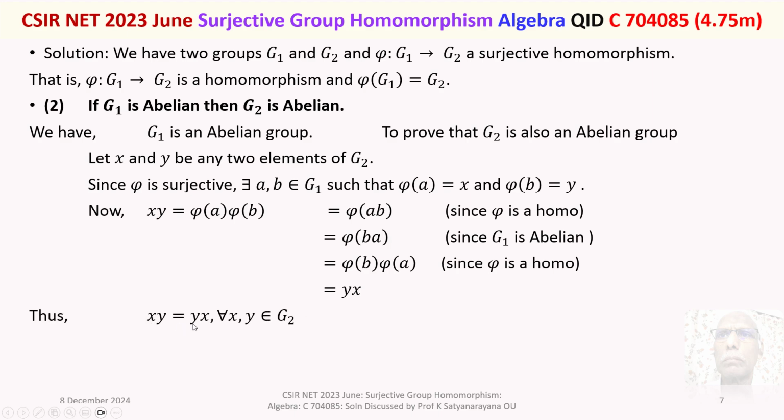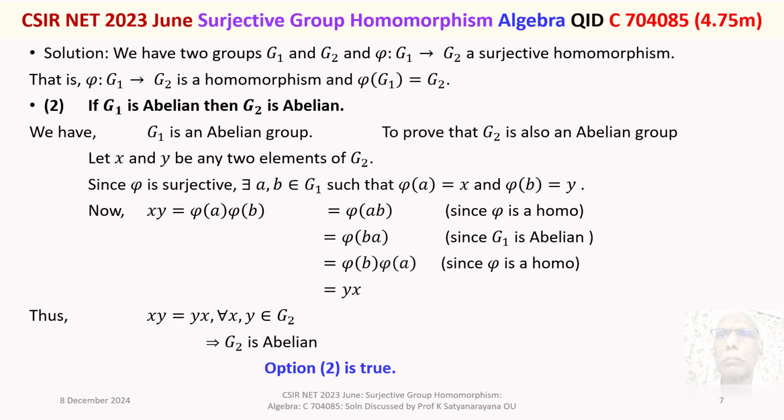Thus xy is equal to yx for all x, y belongs to G2. That will show you that G2 is abelian. In this also, you have used the fact that phi is surjective. So when G1 is abelian, G2 is also abelian. Thus, option 2 is true.